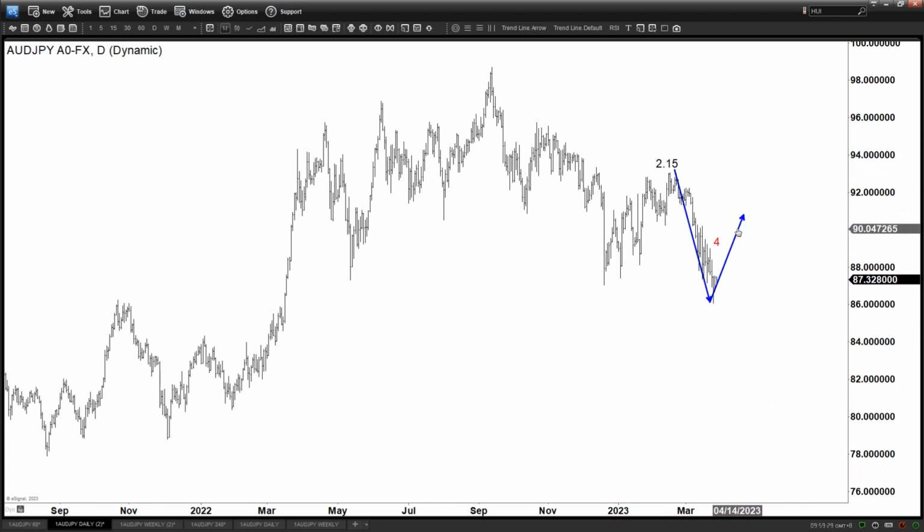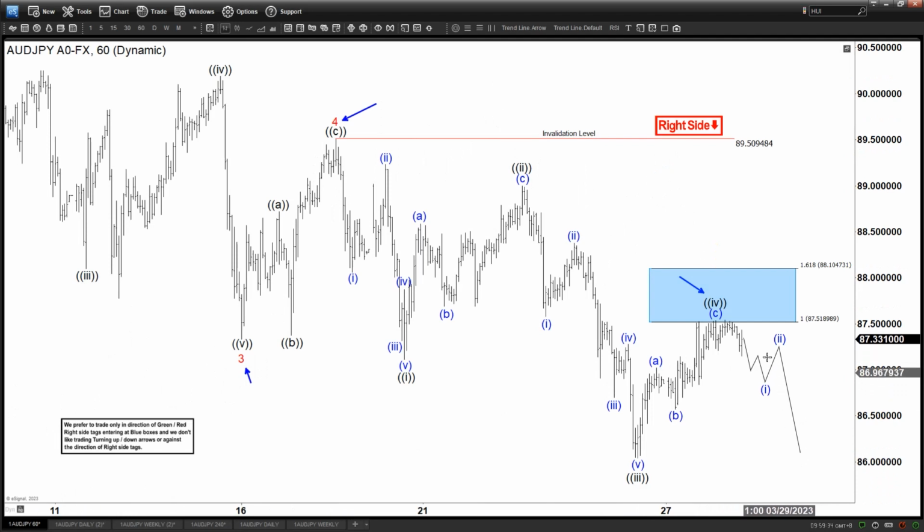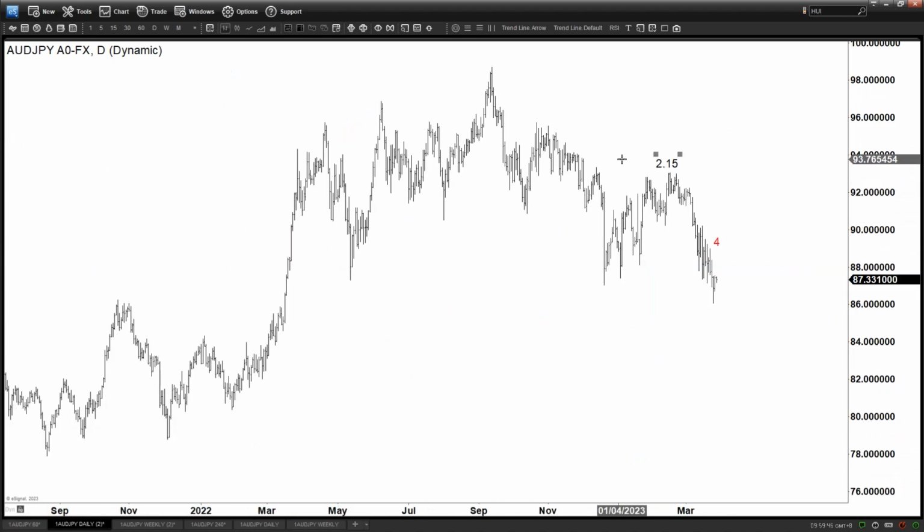But the idea here that I want to focus on is not necessarily swing by swing in the shorter cycle, because people tend to only focus on the smallest possible swing, right? The idea I want to talk about here is that if we zoom out on the daily time frame, we can notice from this high in September last year, we continue to make a sequence of lower lows and lower highs, and so far we have what we call a 5 swing sequence.